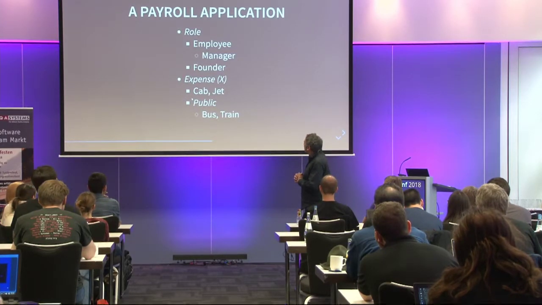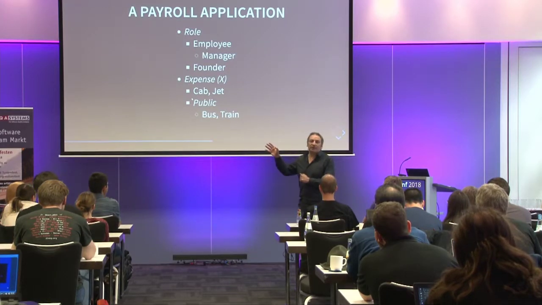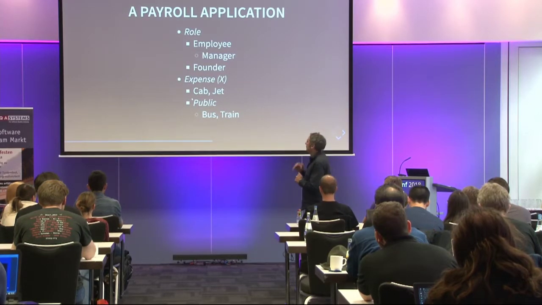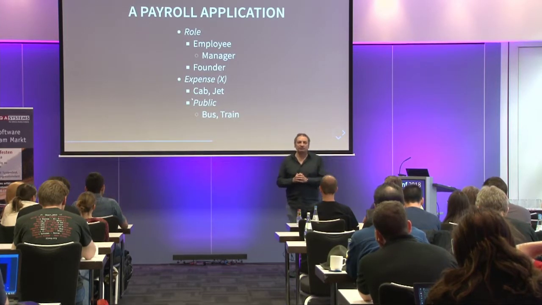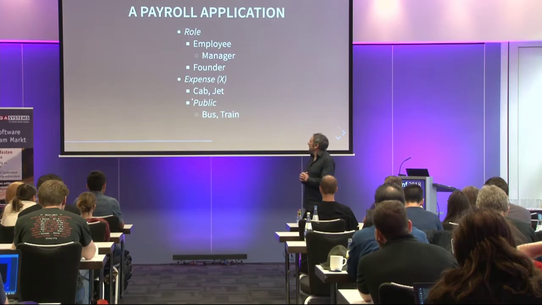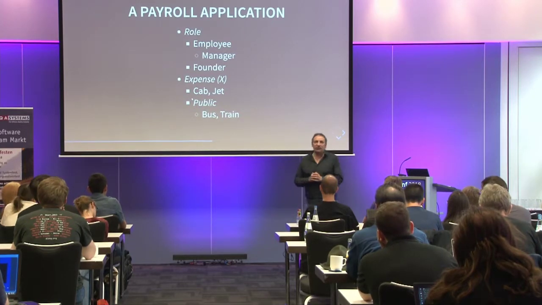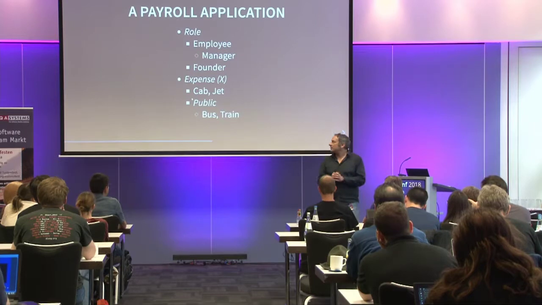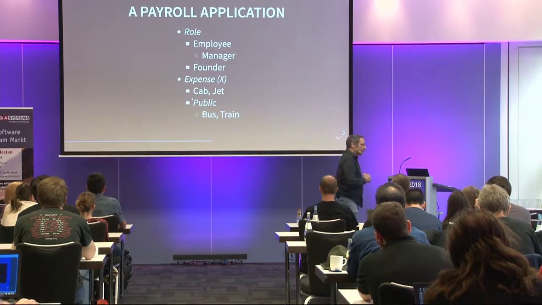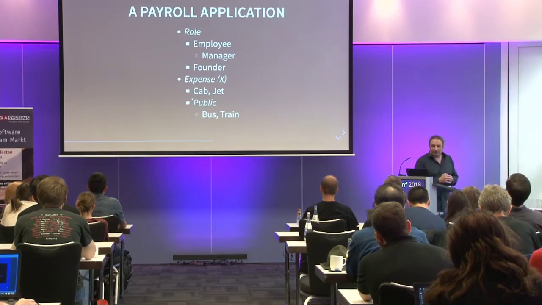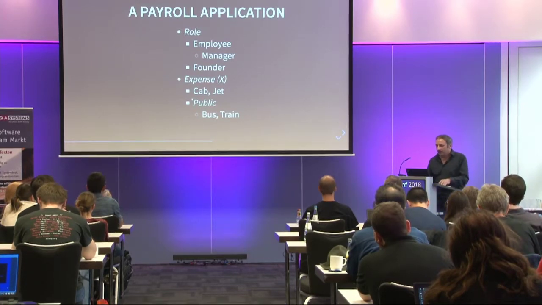And then we have expense, which I will abbreviate as X when I need to abbreviate, which has two concrete subclasses, cab and jet, private jet, and an abstract subclass, public, which has in turn two concrete subclasses, bus and train. Okay? That's our little two hierarchies.